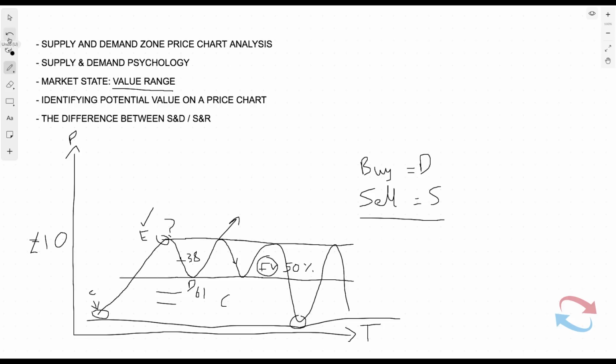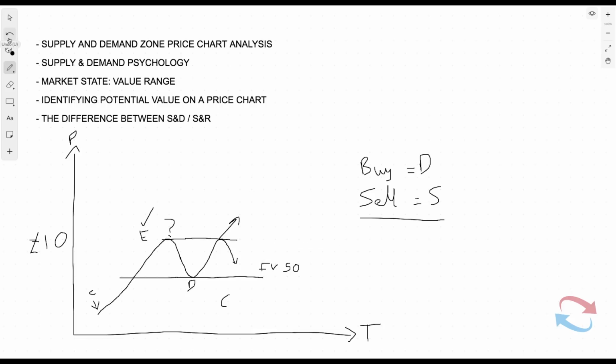So let's go back a bit, right? Now, at this point in time, let's go here, right? So now let's assume that when prices actually came up here, actually let me go back a bit. Let's go back. Right. So let's assume now that prices come back to this area here.